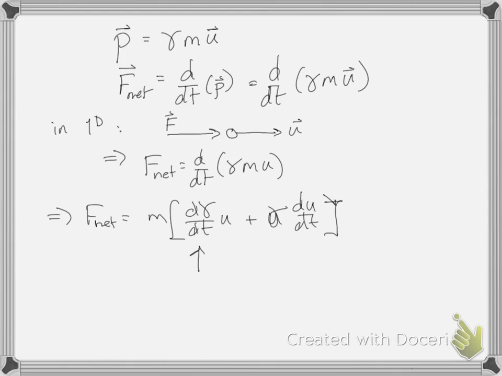So we need to take the derivative of gamma with respect to t, and then we can go and plug into all this. So if gamma is 1 minus u squared over c squared to the minus 1/2, that's just equal to square root of 1 over 1 minus u squared over c squared.